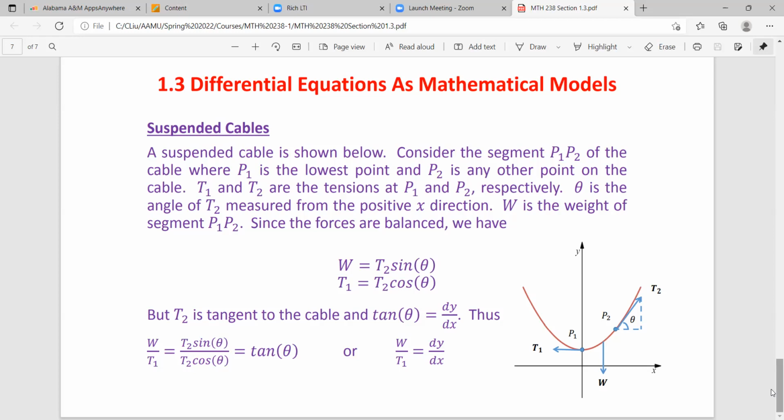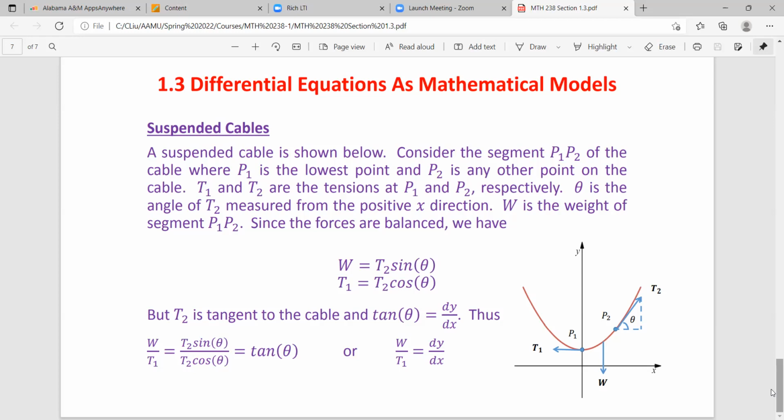You can decompose T2 along the horizontal and vertical axes, and then use the balance of the forces. So we get W equals T2 sine theta. That's the vertical component of T2, which should be balanced by the weight. And the horizontal component of T2 is balanced by T1. So T1 equals T2 cosine theta.